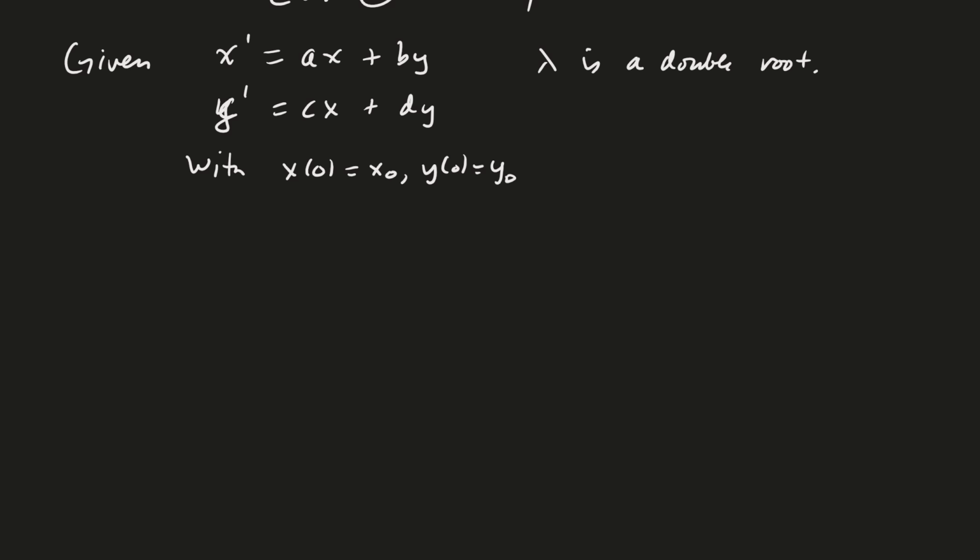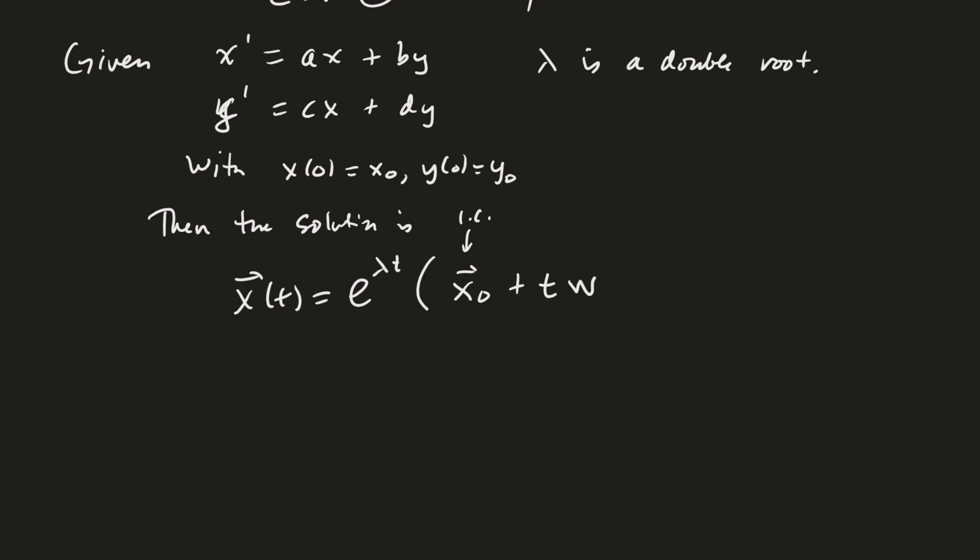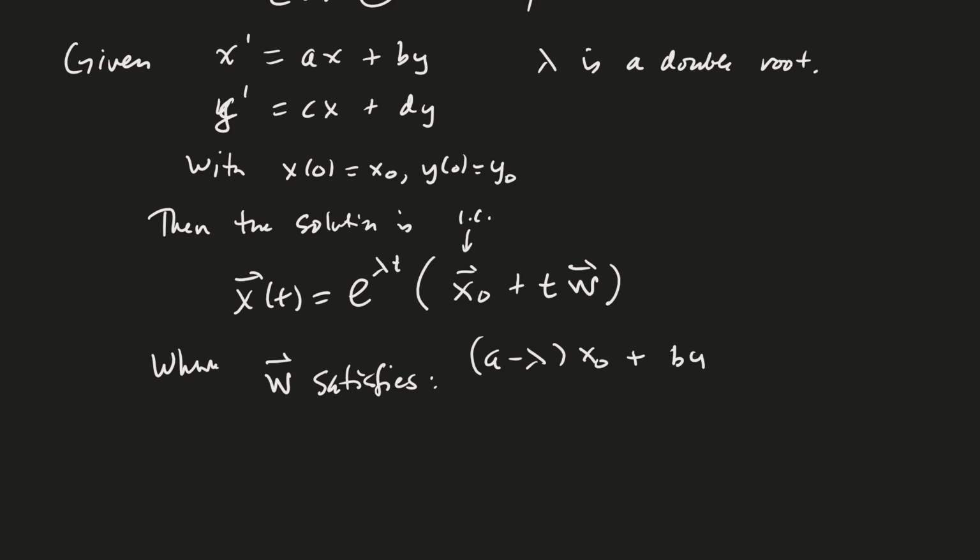Then the solution is x of t is equal to e to the lambda t, that's your sole eigenvalue, times x0, this is your initial condition, plus t times w, where w satisfies something like an eigenvector equation: a minus lambda times x0 plus b y0 equals w1, and c x0 plus d minus lambda times y0 equals w2.